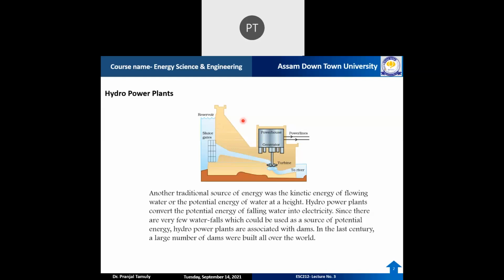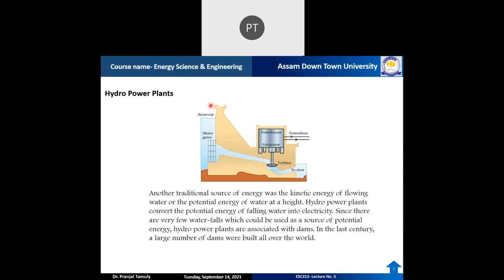To produce hydropower, we need a sufficient amount of kinetic energy. There are very few rivers capable of producing that amount of kinetic energy. So to generate more kinetic energy, we build a dam, in which we store a large amount of water. After constructing the dam, the height of the water increases.